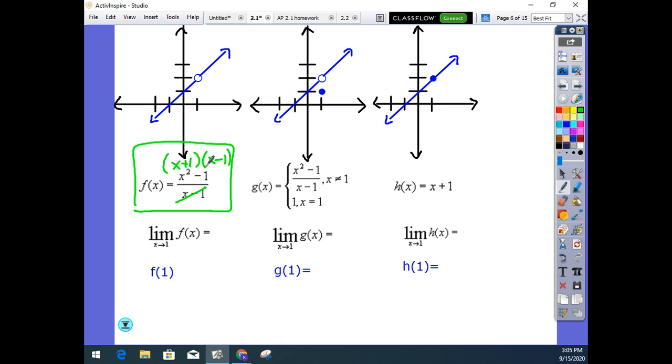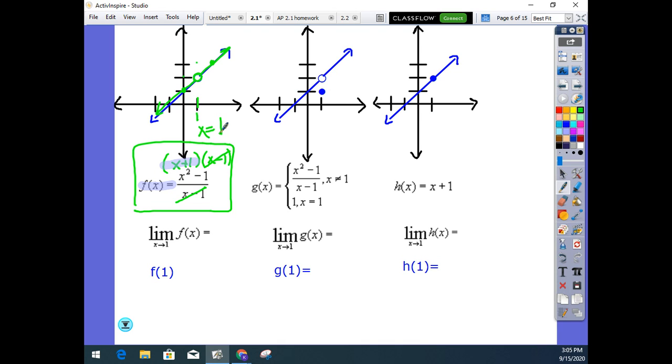If a factor cancels from the top to the bottom, there is a hole at that value. Now, we graph the equation that's left, f of x equals x plus 1. So there's a y-intercept at 1, slope up 1 over 1. It's just when I get to where x is 1, I put a hole, up 1 over 1. So it's a straight line with a hole at 1.